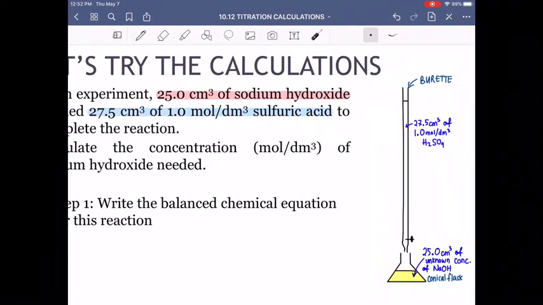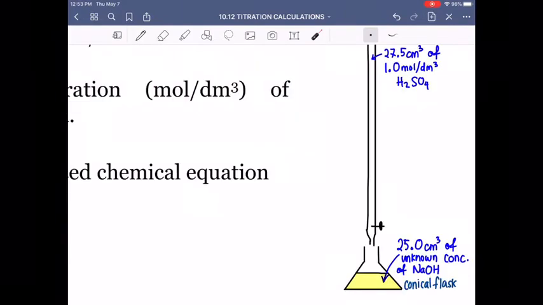Your known volume and concentration of sulfuric acid is here. Don't worry, in the practical you will be instructed which solution to put in which place. The sulfuric acid is placed inside the burette, and the 25 cm³ of unknown concentration sodium hydroxide will be placed in the conical flask.